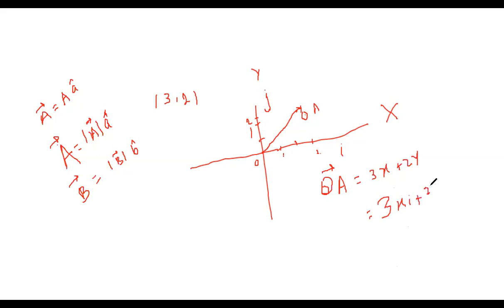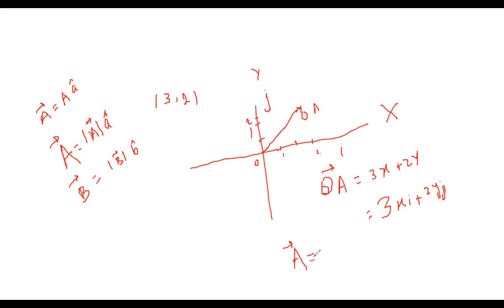So generally you can write the vector in x and y form. This is the vector OA, 3xi and 2yj. j is the direction vector along the y-axis and i is the direction vector along the x-axis. So students, generally you can write any position vector or resultant vector like this.